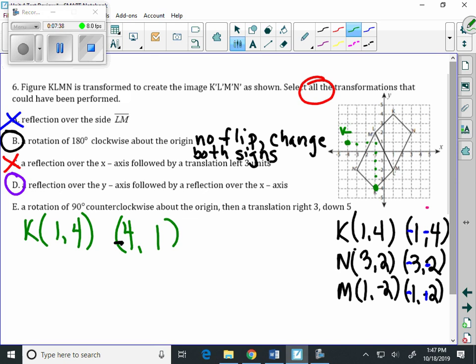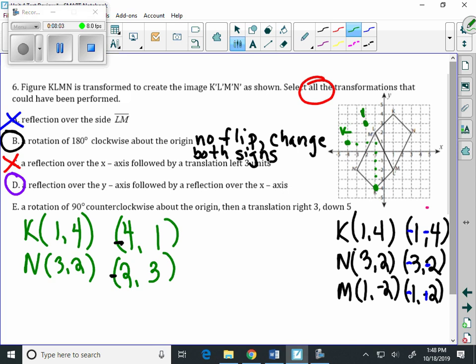So we're going to pick another point on this one. Let's try N. And N has a value of 3, 2. So we're going to flip and change the first sign. So -2, 3.